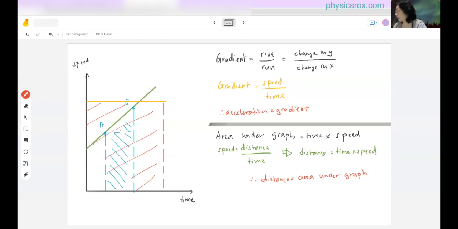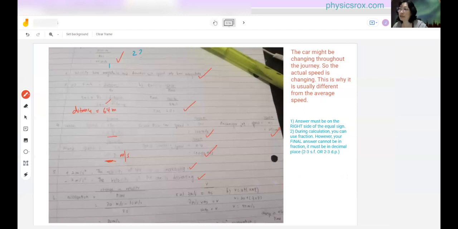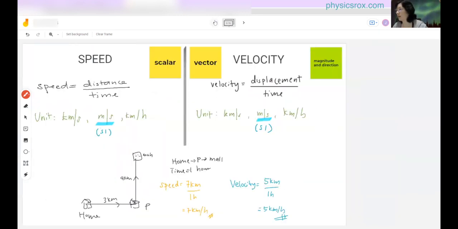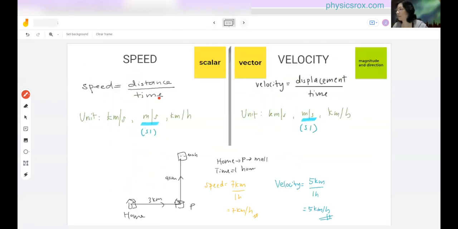Got a few more things. We learned the distance-time graph. We learned the speed-time graph. Actually, at the beginning of this chapter you also learned about vectors, right? Remember we learned all that complicated stuff about displacement and velocity.